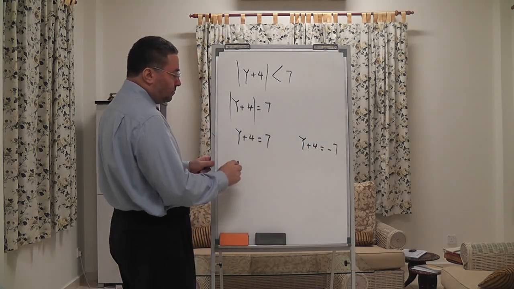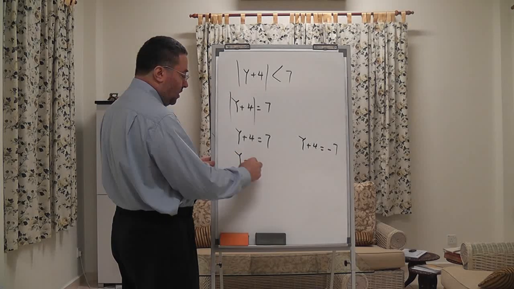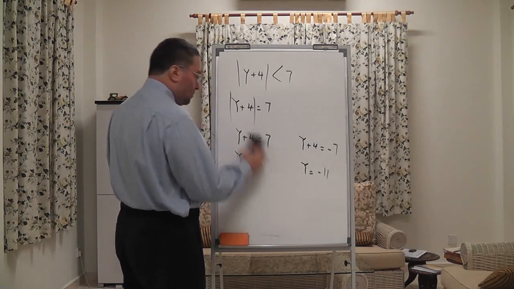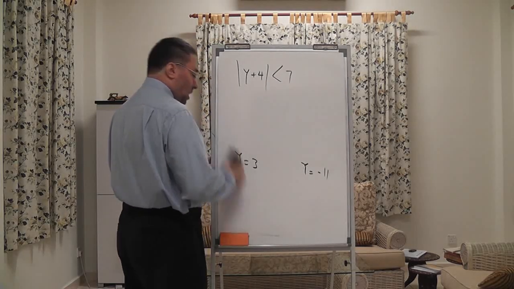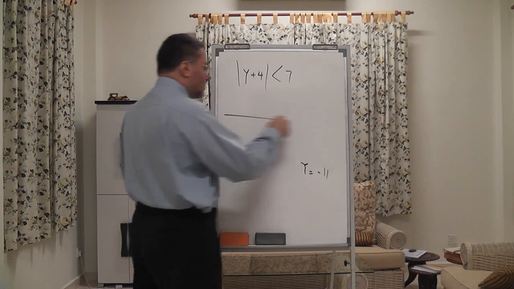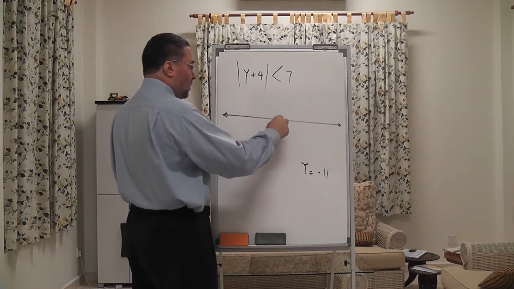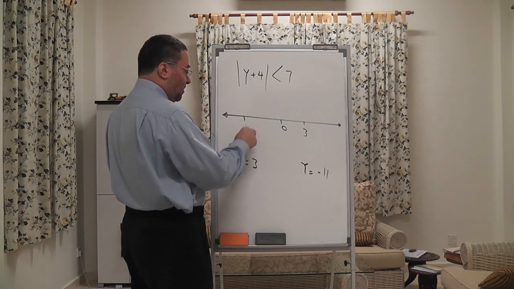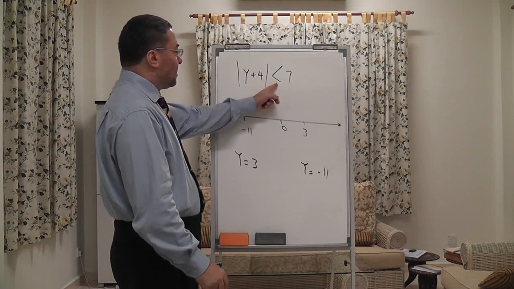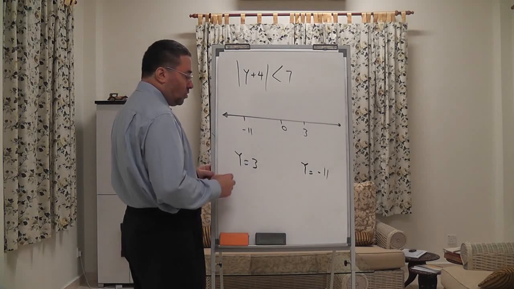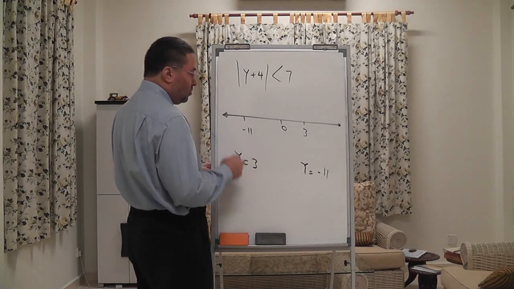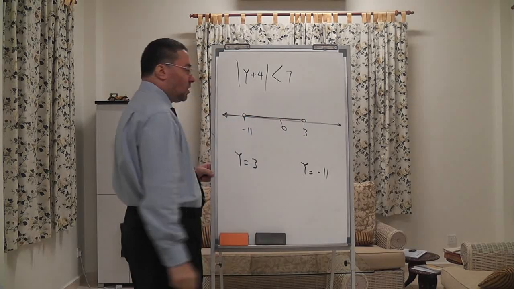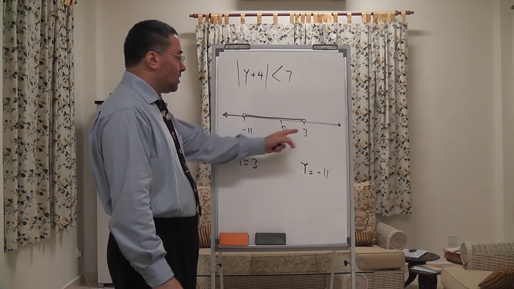In this case we get y equals 3, and in this case we get y equals minus 11. So these are our roots. Here is 0, and we have 3 and minus 11. Since this is less than, the solution is between these two numbers, between the roots or inside the roots.